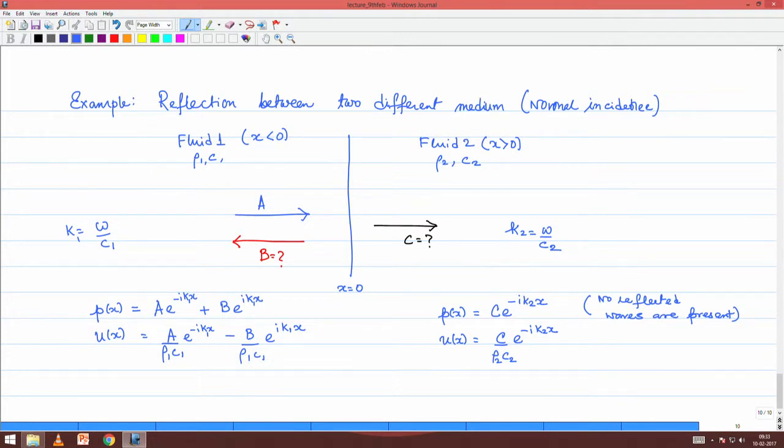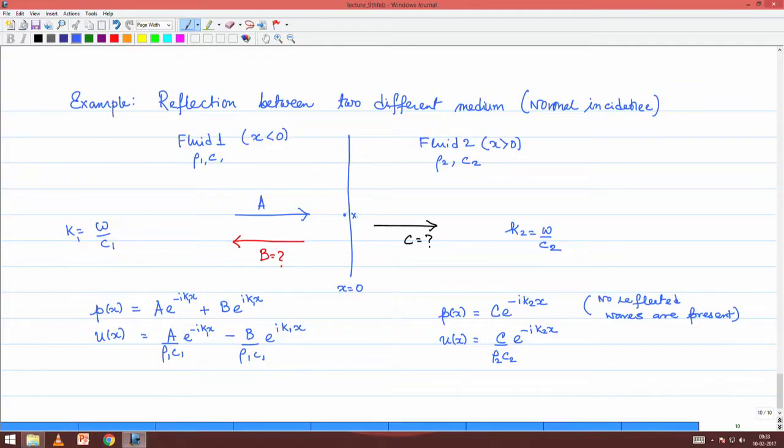Now, what we have to do is look at the interface. At the interface, the pressure from fluid 1 and the pressure from fluid 2 between two neighboring particles has got to be the same because of the continuity arguments. Again, the velocity also has got to be the same. So, we will simply have to equate these two at x equals 0.